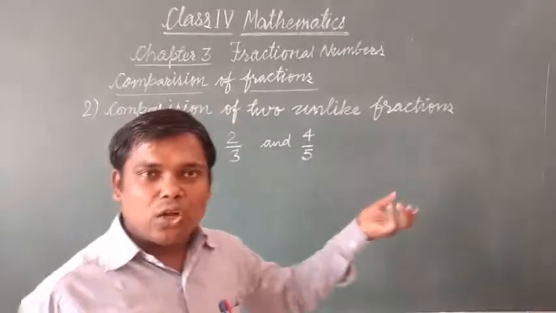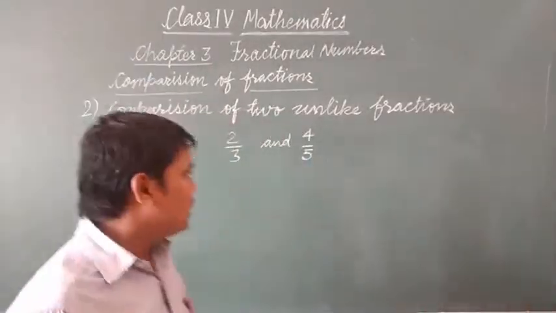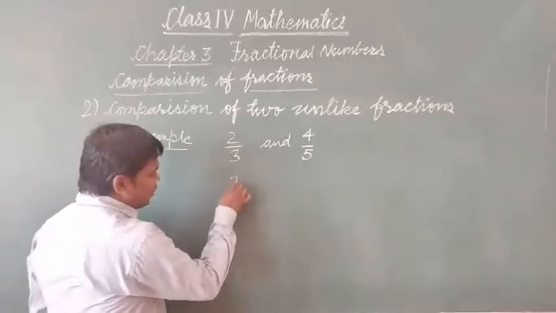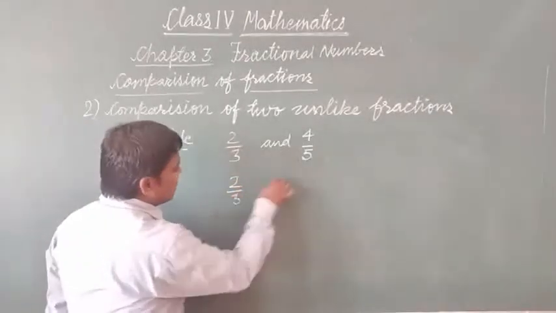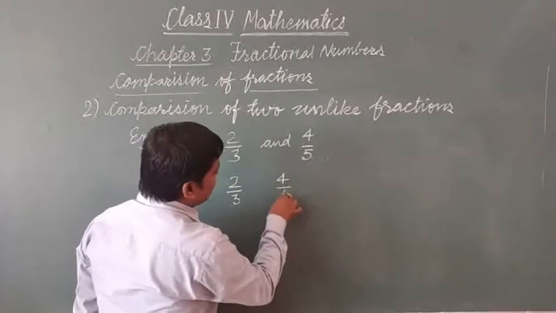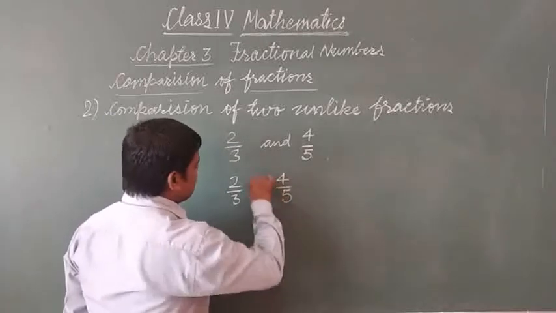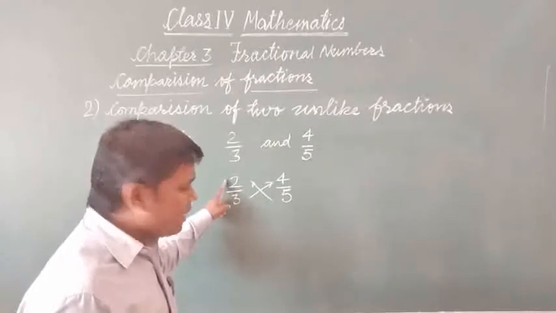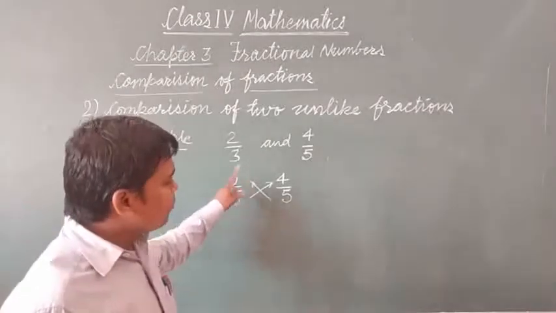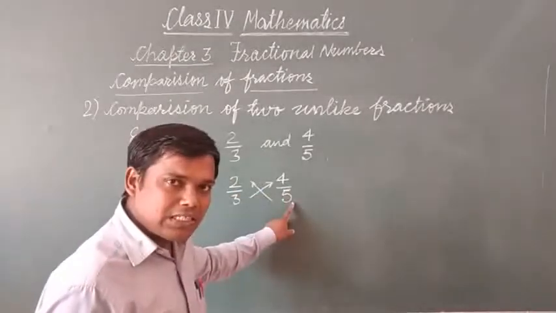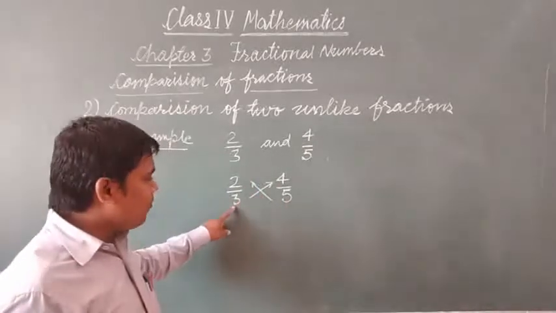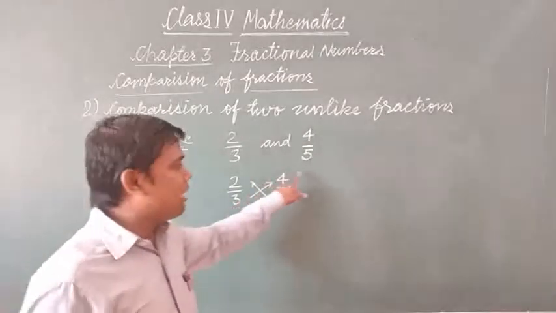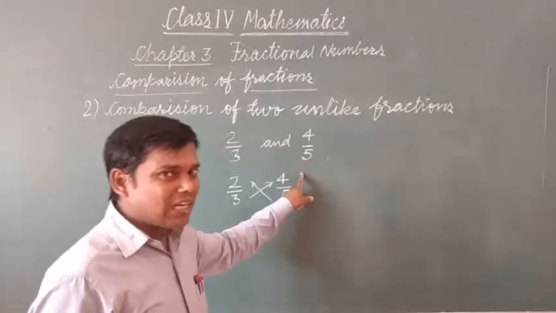Which one is greater or which one is smaller? As I discussed with you, we write 2 by 3 and here 4 by 5. We do cross multiplication, which means we find the product of the numerator of the first fraction with the denominator of the second fraction, and the product of the denominator of the first fraction with the numerator of the second fraction.